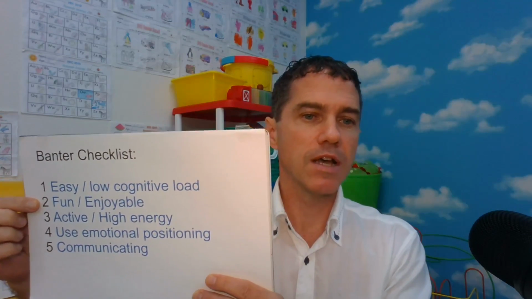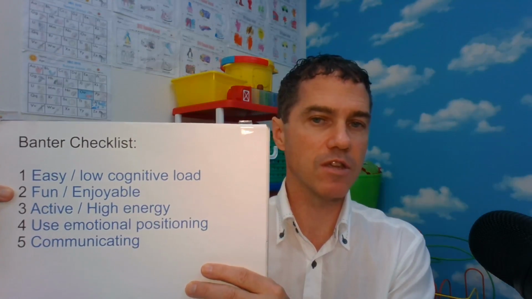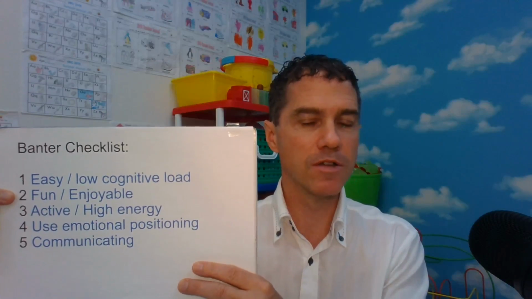So number 2, I like to keep these activities fun and or enjoyable. How I would classify that would probably depend on the age of the students. If I had a kindergarten class, you probably want to skew more towards the fun side. If it's first grade and up, elementary, first, second, third, fourth, fifth, sixth, and higher, rather than fun, maybe it's just something that's enjoyable.